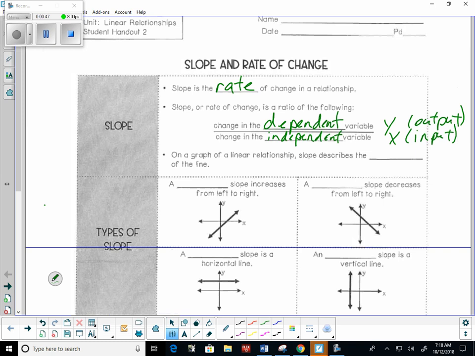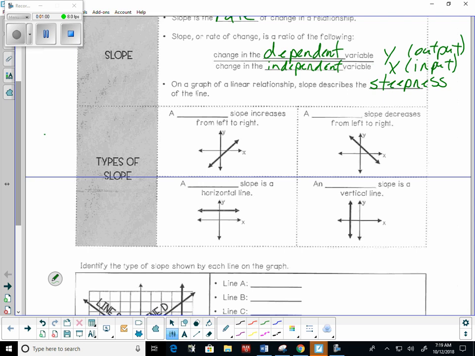Okay? So on a slope of a linear relationship, slope describes the steepness of a line. So let's look at this. When we go from left to right, our slope goes uphill, doesn't it?